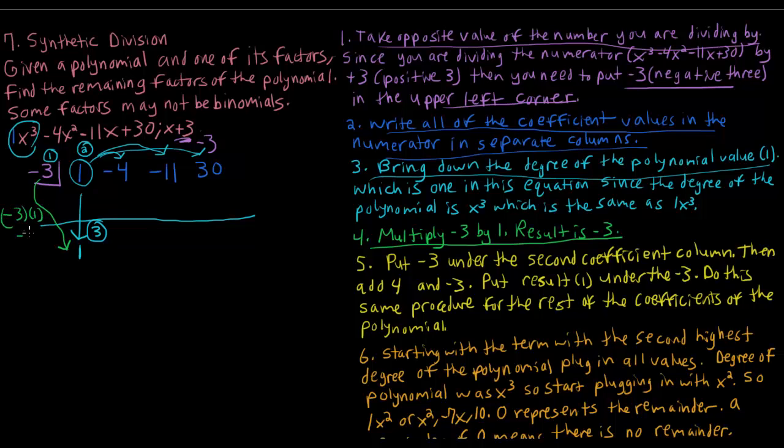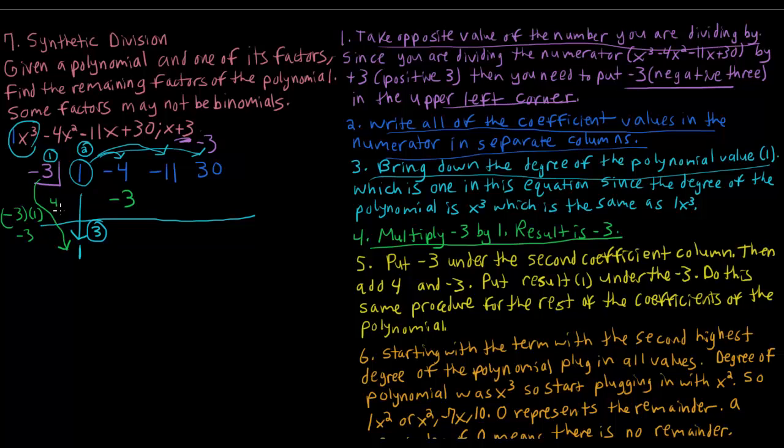And then we take that negative 3 value and insert it on the next column right here. And yeah, that's step 4, the multiplying.